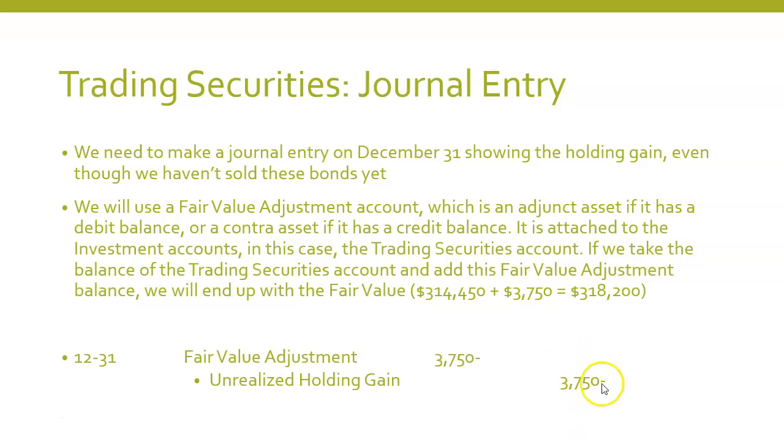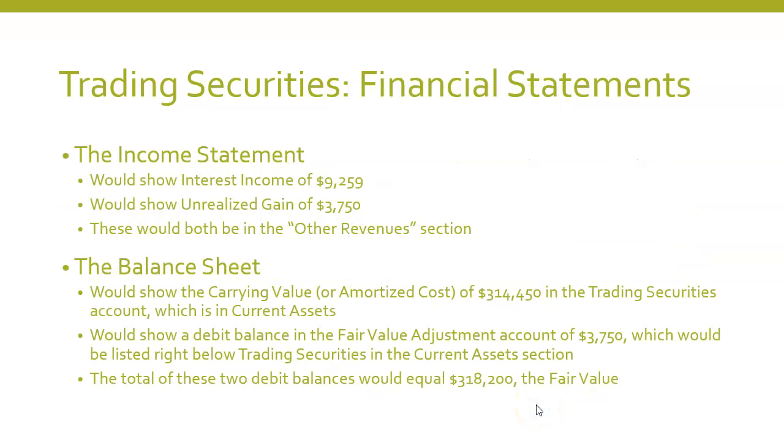That is going on the income statement, since these are trading securities. Okay, we're going to show that as revenue, even though we haven't sold this yet. We're going to show that $37.50 as revenue. So on the income statement, we still have interest income of the $92.59.